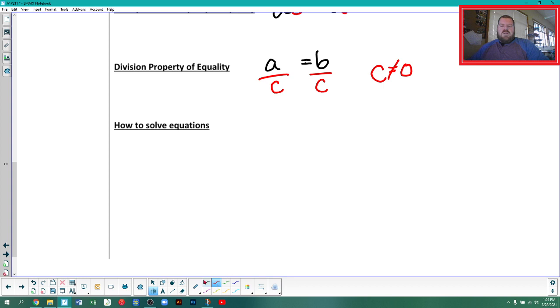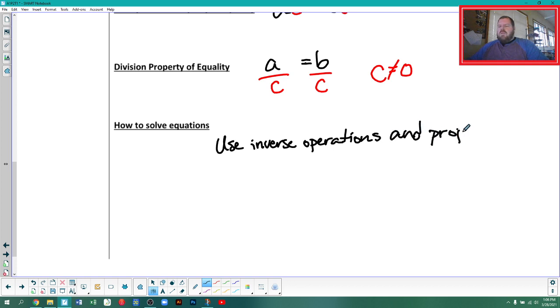So how do we solve equations? We will use inverse operations and properties of equality to isolate variables.